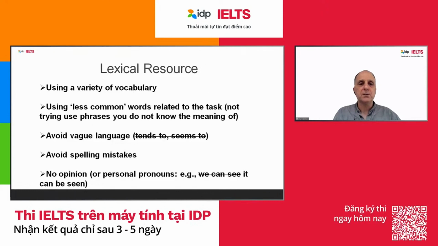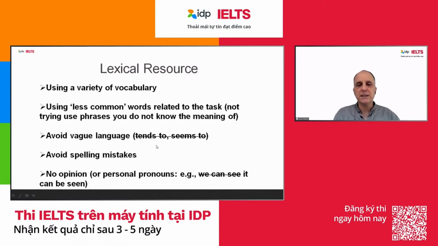Okay, for the lexical resource, use a variety of vocabulary, less common words related to the task. So don't try to use phrases you don't know the meaning of. Avoid vague language, tends to, seems to.